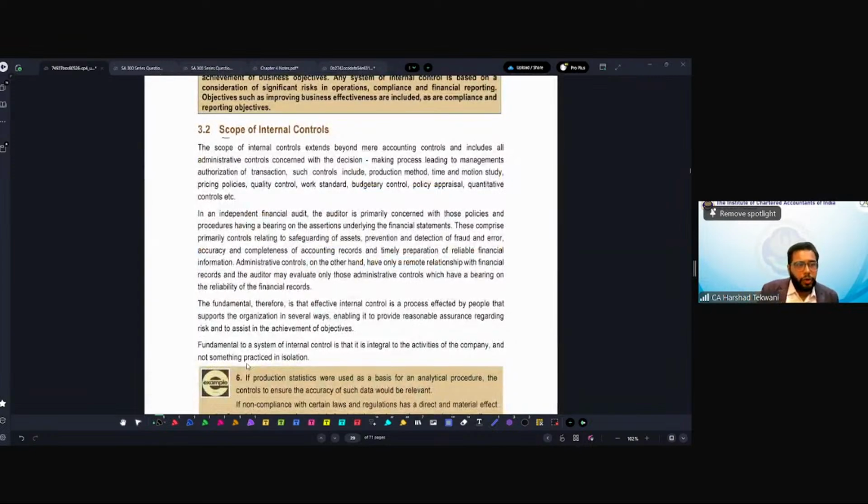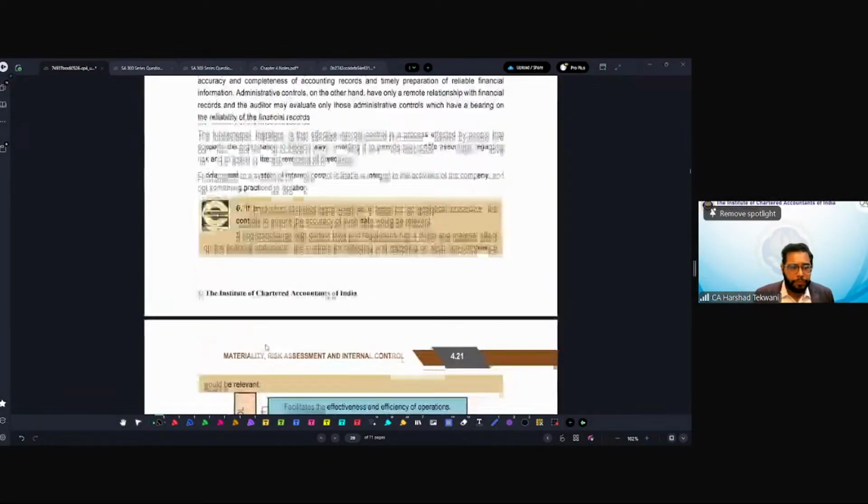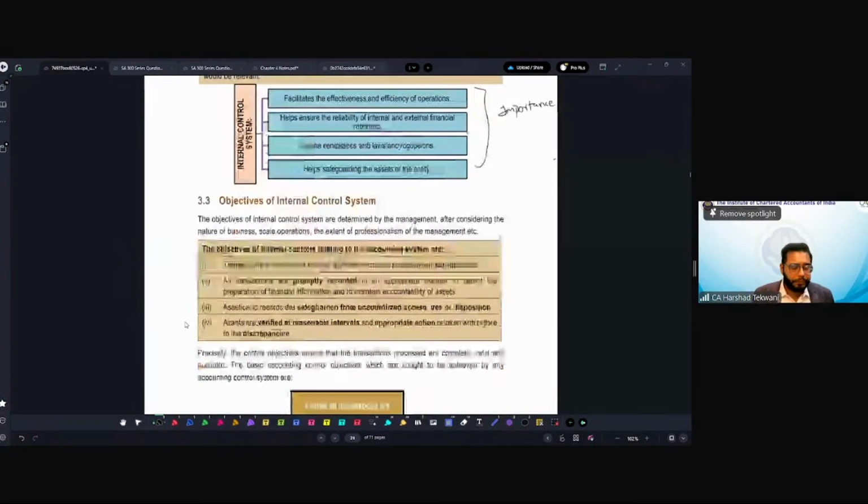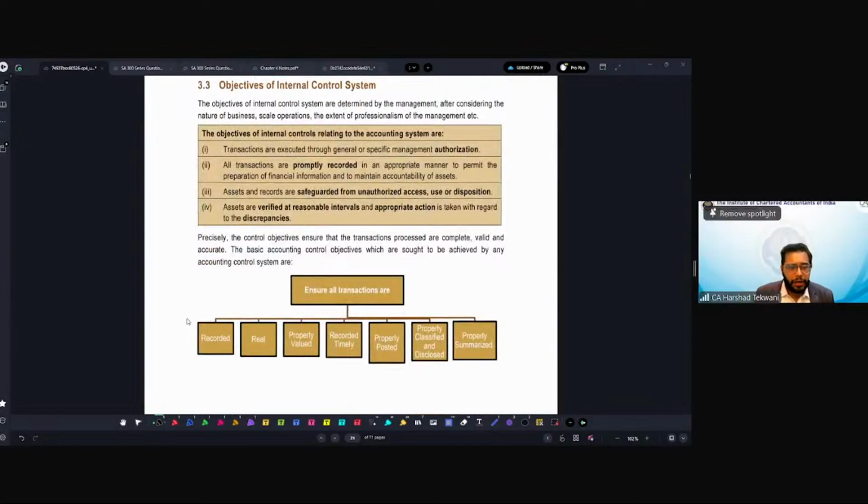Scope of internal control, like at the division level, at the policy level, the 3D cube. So one element of the cube we understood. Then you have the internal control system, their importance, how important they are.